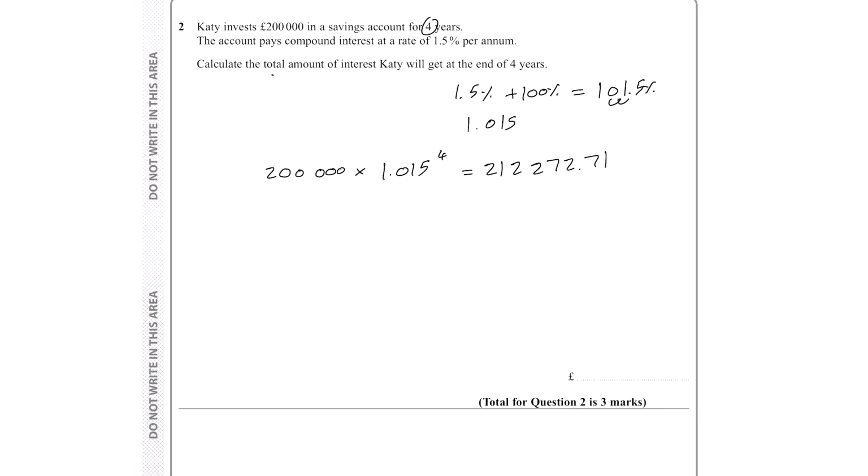Now it says calculate the total amount of interest she'll get at the end of 4 years, so they're just asking for the interest. So we're going to subtract the amount she had at the start: 212,272.71 minus 200,000. And that is 12,272 pounds and 71 pence.